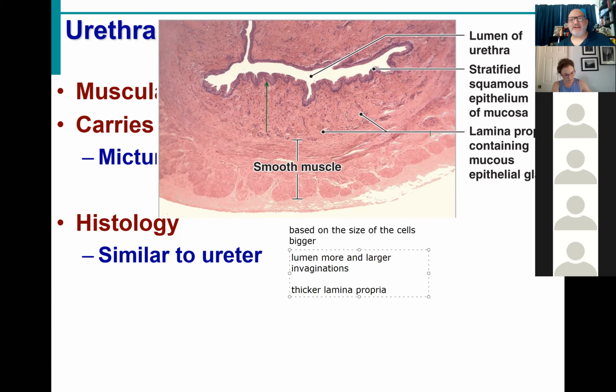And notice in here, you are going to see much more of those mucous glands. Again, this is open to the outside world, so we need that protection in the form of mucus. So there's much more mucous glands, and that can be found in that thicker lamina propria, as we're here as well.